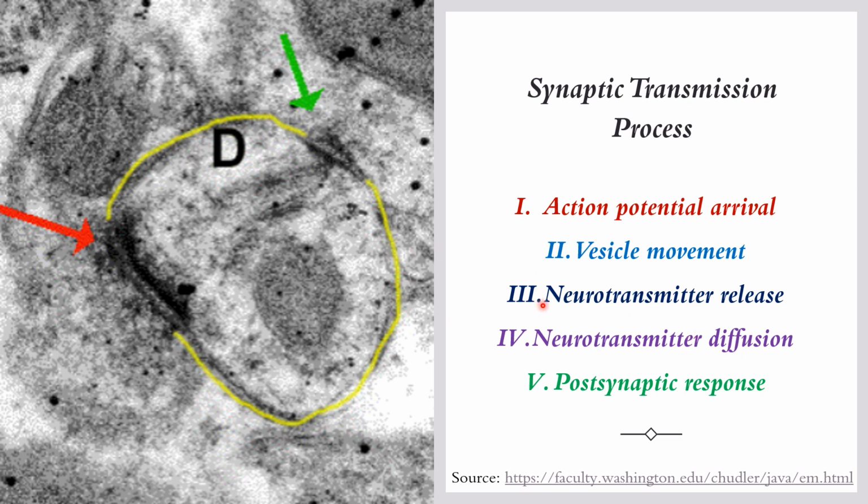The third phase is the neurotransmitter release. The vesicle will fuse with the presynaptic membrane and will release neurotransmitter in the synaptic cleft. The fourth stage is the neurotransmitter diffusion. The molecules will travel across the cleft and will bind to the postsynaptic receptor. And the last phase is the postsynaptic response.